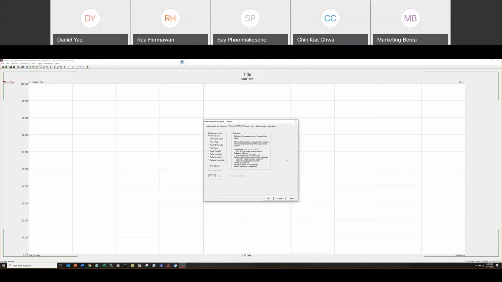If you're doing a measurement and your material is non-magnetic, I usually suggest not using the first model. With the first model, the software will try to calculate the permittivity value and the permeability value.